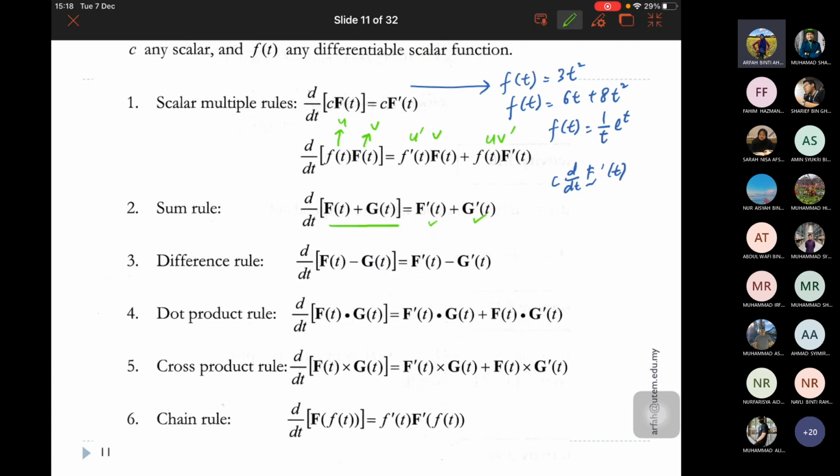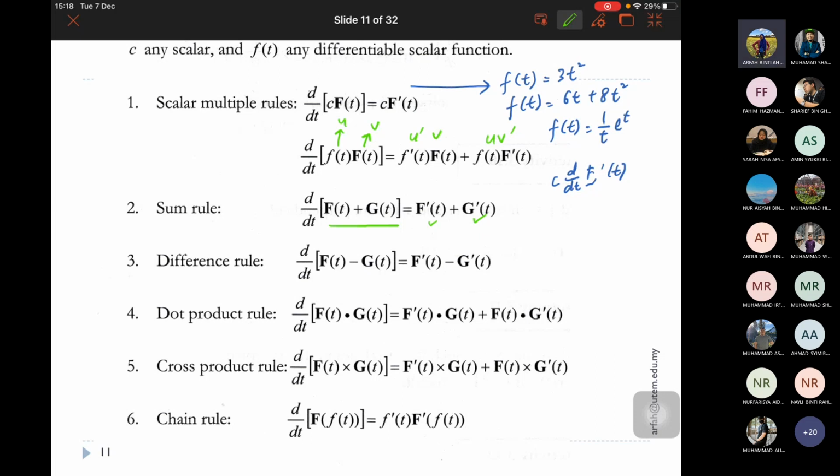And the next one, difference rule, sama juga macam addition rule. Boleh tolakkan both of the vector functions F and G and then awak bezakan, atau boleh juga bezakan satu persatu dan baru tolakkan. It will give you the same answer, either you use the left hand side or the right hand side of the operation.